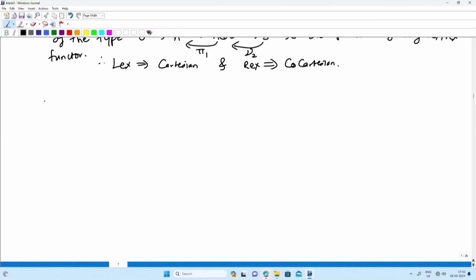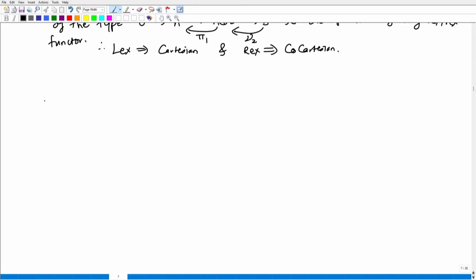Okay, so let us define Grothendieck categories. Once again, I want to remind you that the purpose of defining Grothendieck categories is that we want all the nice properties of the category of abelian groups to be present in this category. What do you know so far about the category of abelian groups?